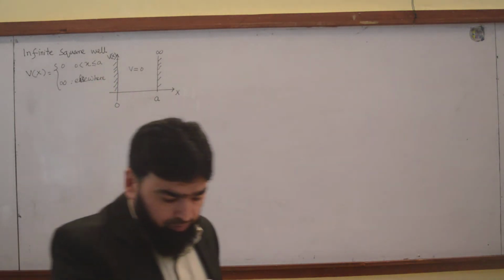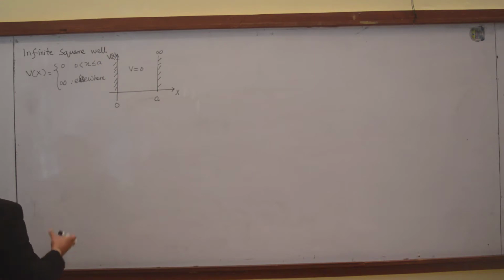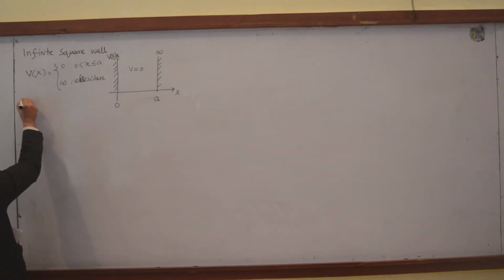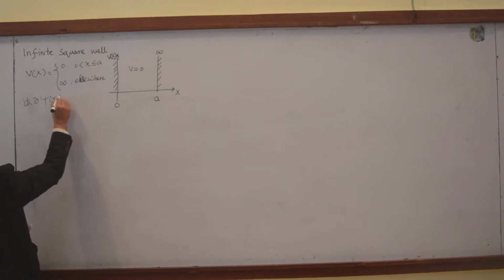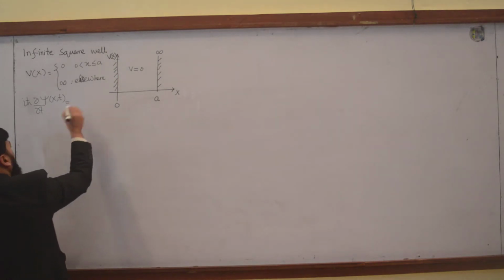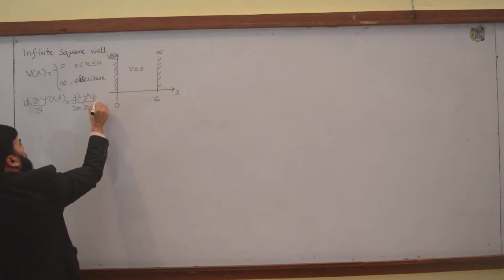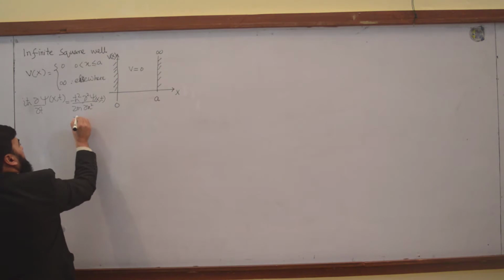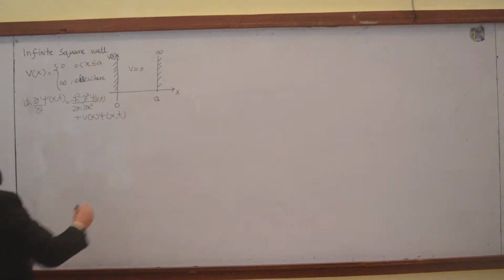Further, you remember that we started with the Schrödinger wave equation, which was i h bar ∂ψ(x,t)/∂t is equal to minus h bar squared over 2m ∂²ψ(x,t)/∂x², plus V of x and ψ(x,t).